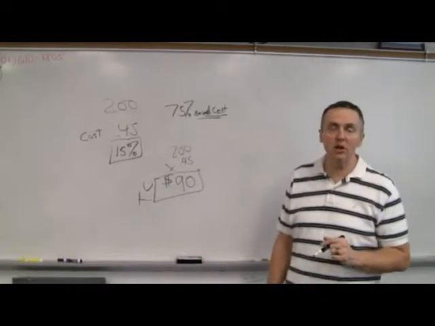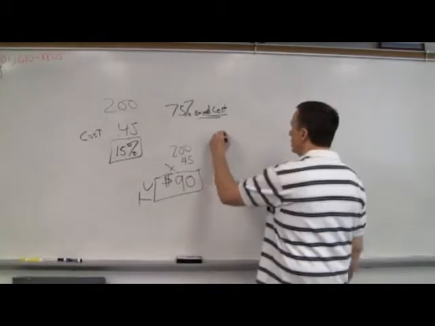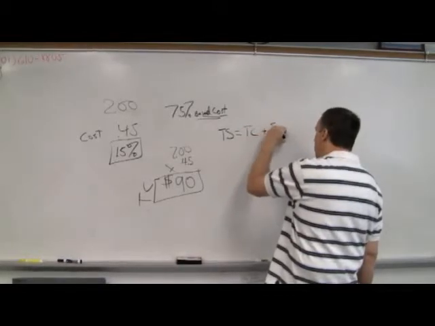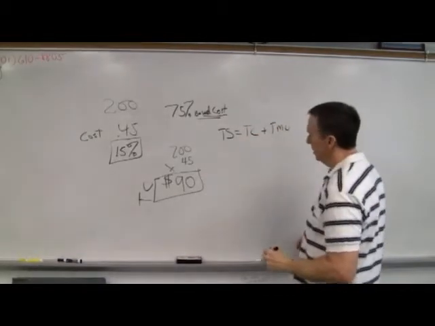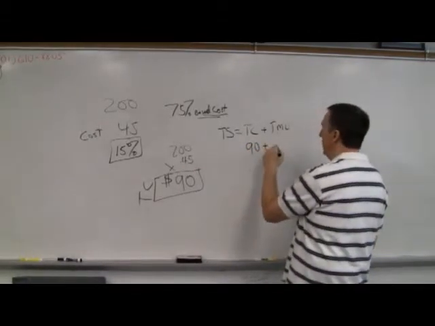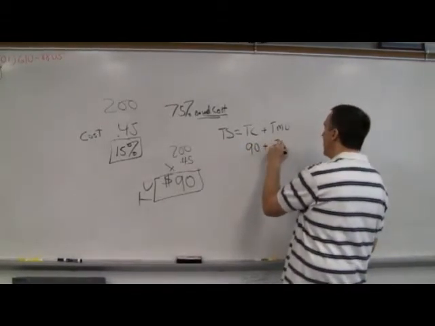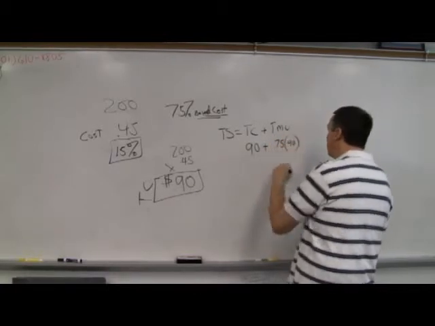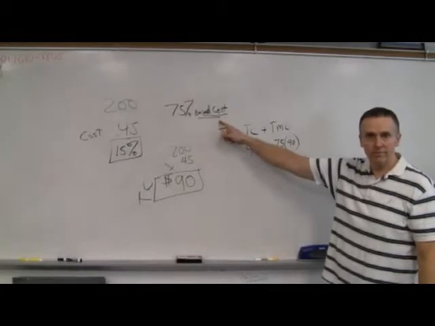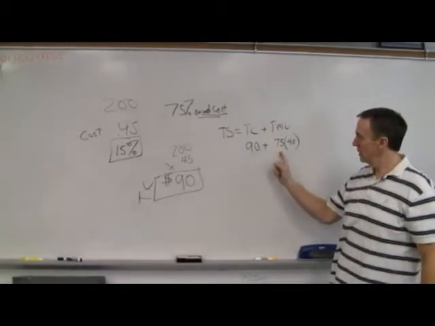Now let's put it into the equation of total sales equals total cost plus total markup. Our total cost is $90. Our total markup is 0.75 of 90, based on cost. Does this make sense, everybody?